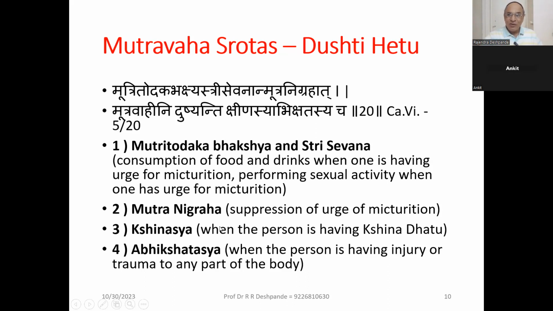Again, which chapter of Ashtanga Hridaya? Navegan dharayet. Physical urges, physical desires, like going to stool, going to urinate, sleep, desire for eating, desire for drinking water, hunger and thirst, should not be suppressed. Whenever you feel hungry, eat something. Whenever you want to drink water, drink water.